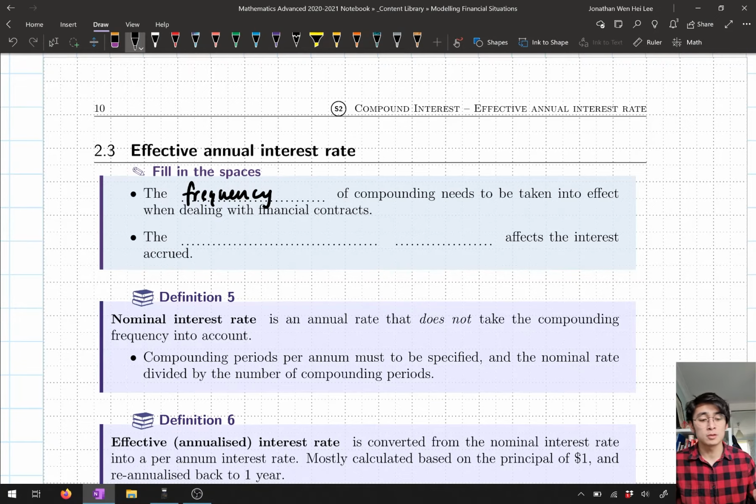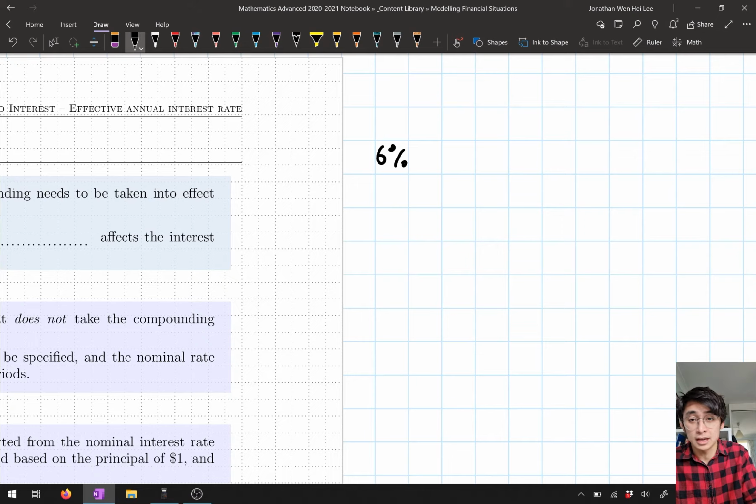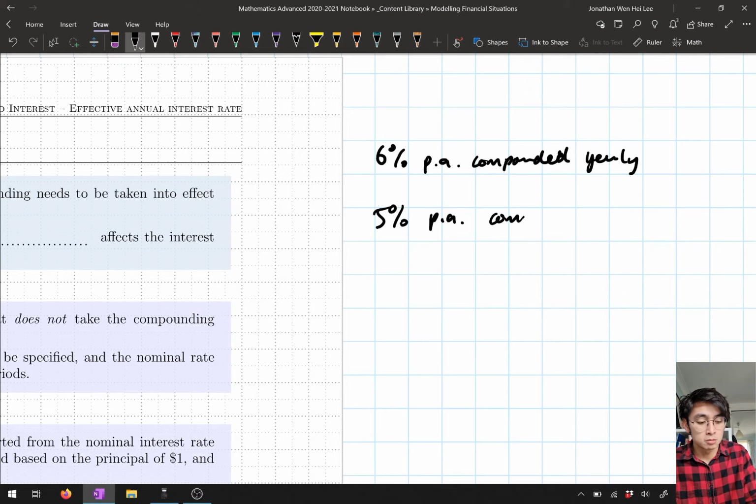And so even though two companies might be, let's say, one of them might be saying, oh, we've got 6% per annum compounded yearly. And there's another company that goes like 5% per annum compounded monthly.